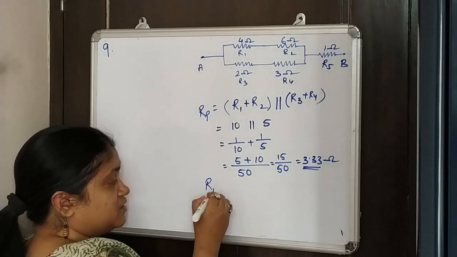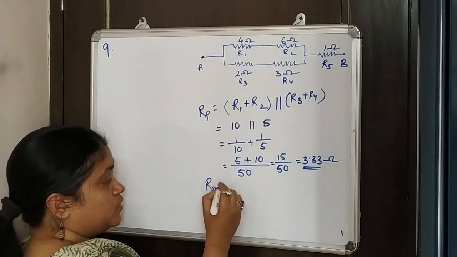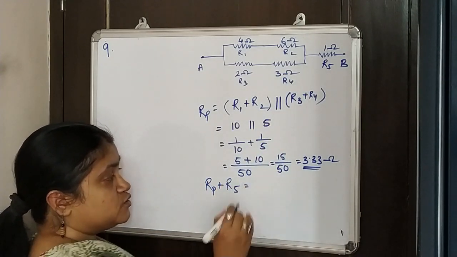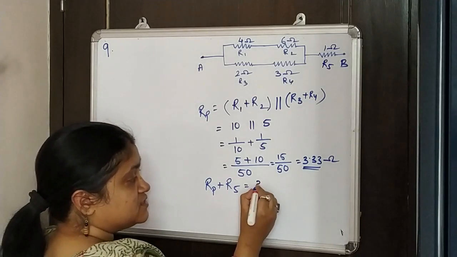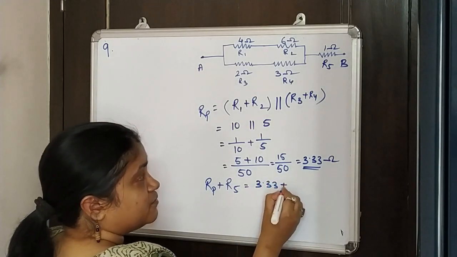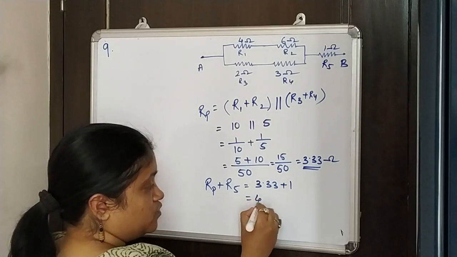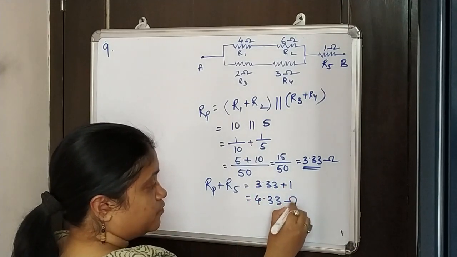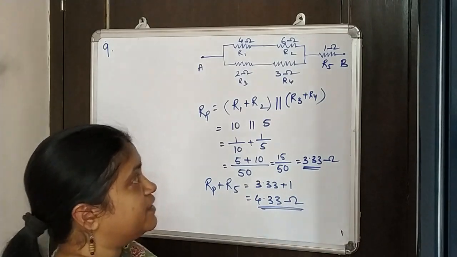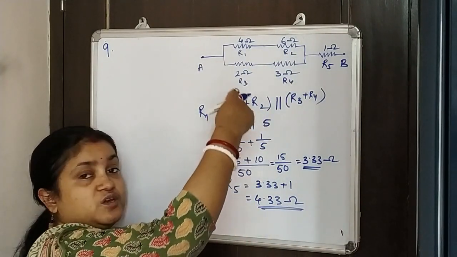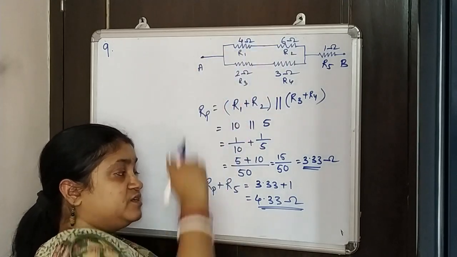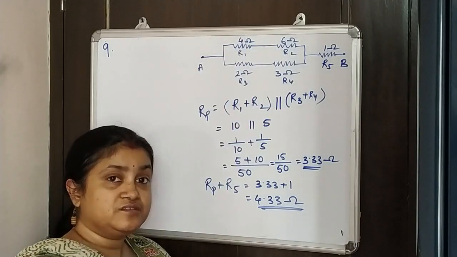Now Rp is in series with R5. So therefore Rp is 3.33 plus R5 will be 1 ohm, which is equal to 4.33 ohm. So my equivalent resistance for this particular circuit is 4.33 ohm.